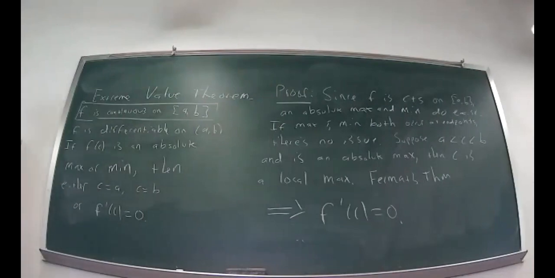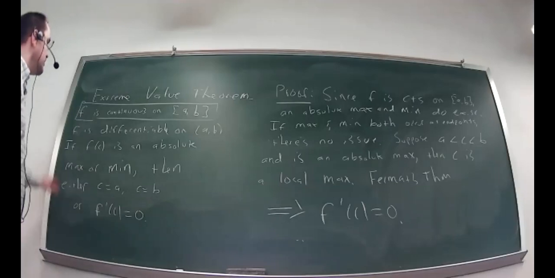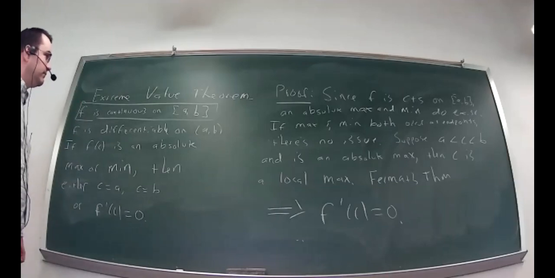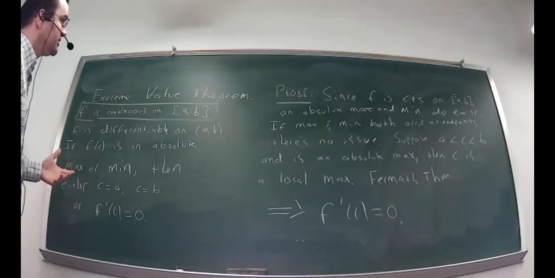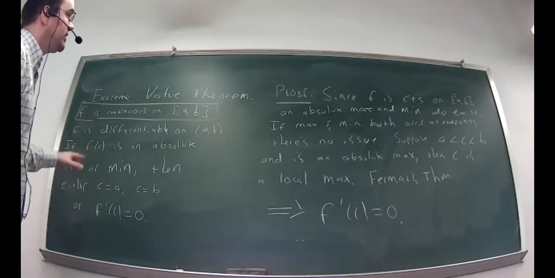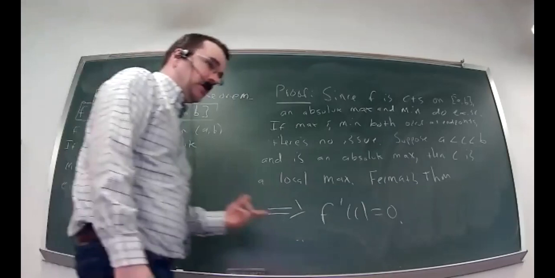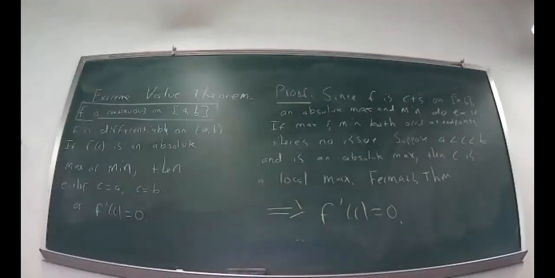So that was the point of Fermat's theorem. It's telling us that if you want to search for the absolute maximum and absolute minimum of a function on a closed interval, you need only check the endpoints and find out where the derivative is equal to 0.